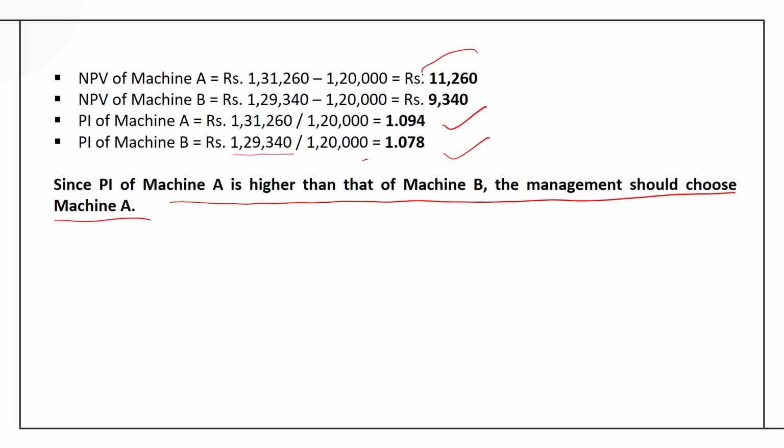I hope you have understood why PI is deployed for evaluating any projects, because in the case of NPV, we were considering the absolute amount of NPV, that is 11,260 was compared against the 9,340 that is coming from the second machine, but in this case we are going to consider the numerator, that is the future value of cash inflow, with the size of investment, and we get a different parameter to look at the projects and their profitability.